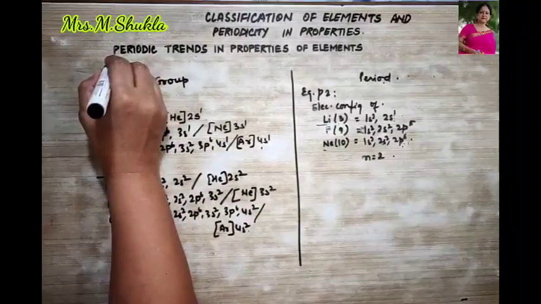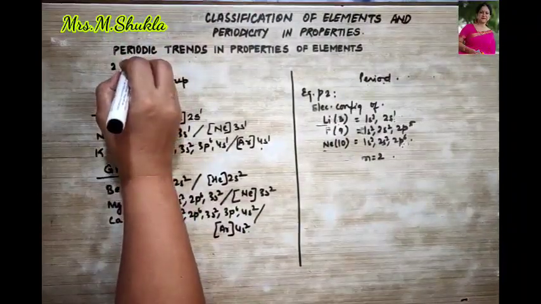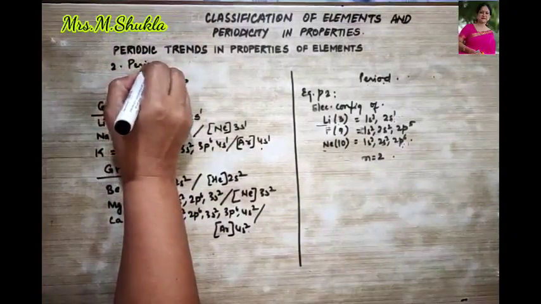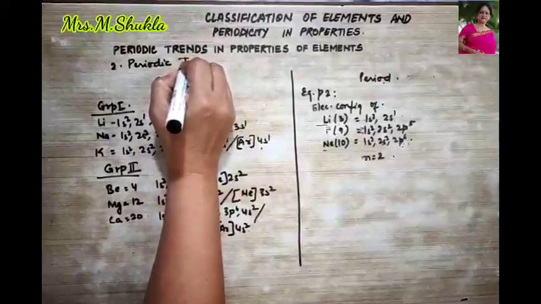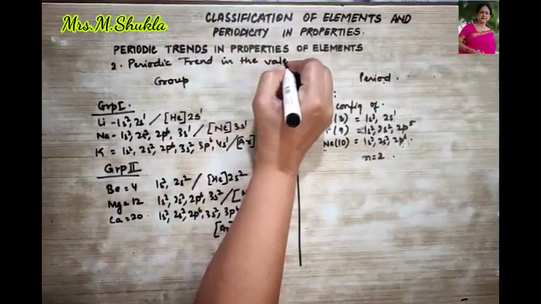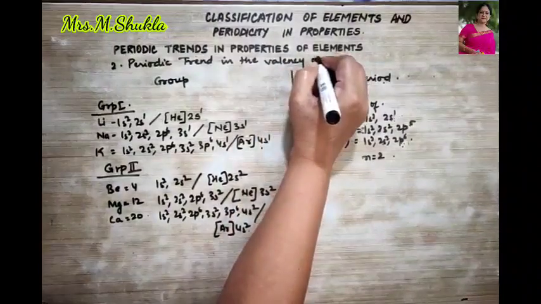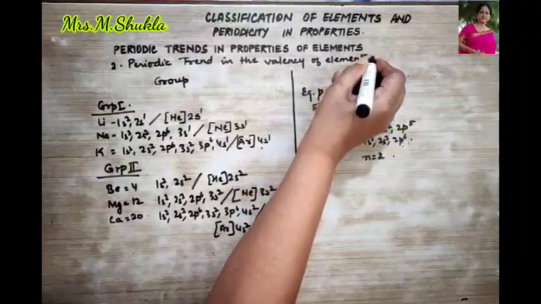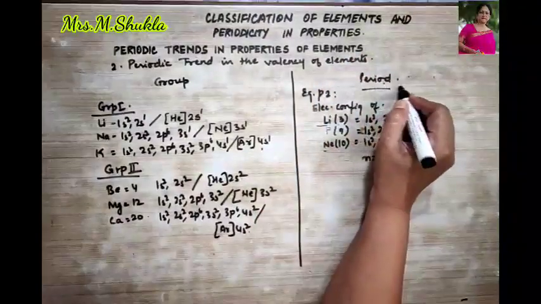Now let us talk about the periodic trend in the valency of elements. Okay, so if you look at the period, right?